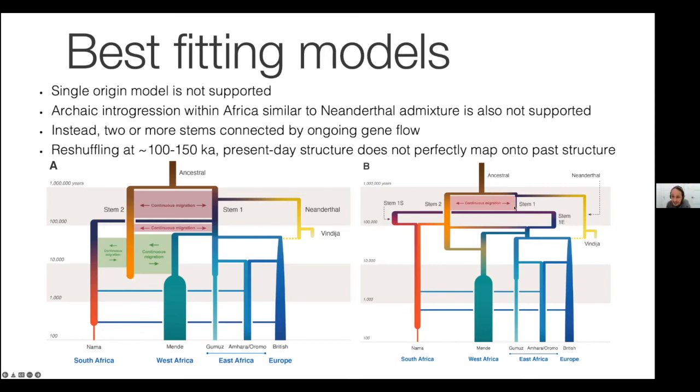But what we're seeing in all these models that fit the data fairly well is that the models always want to add migrations between these stems and keep them not very diverged from each other. So these will be populations that have ongoing gene flow over long periods of time.